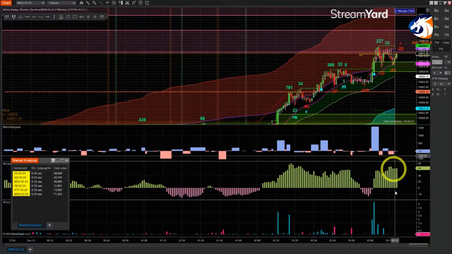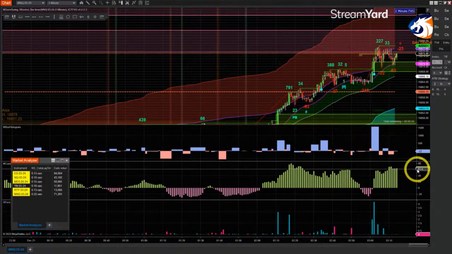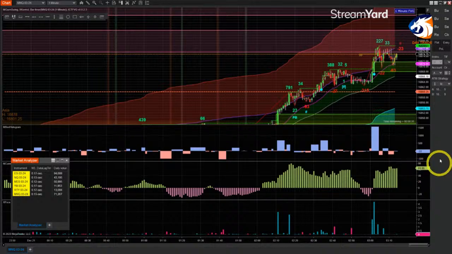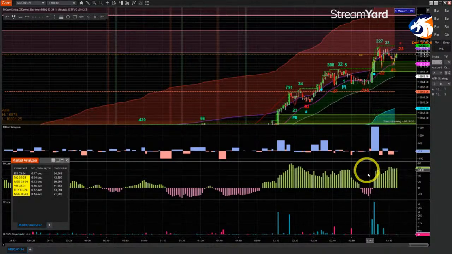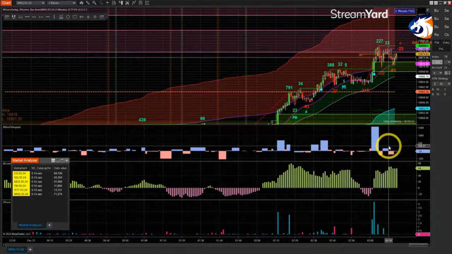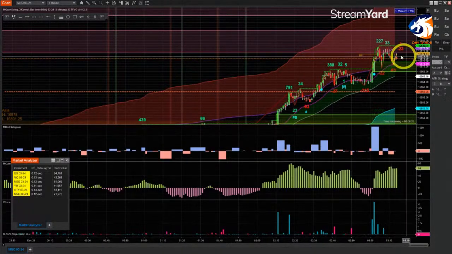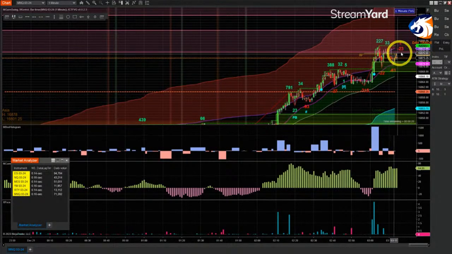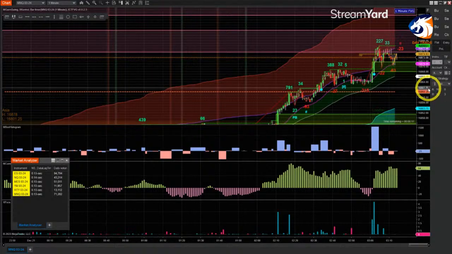Now how we can confirm this is really the price action, right? We don't base anything on indicators, they just indicate what happened in the past. What we trade is what's in front of us. What is price action doing?